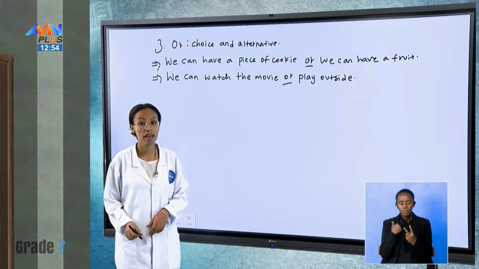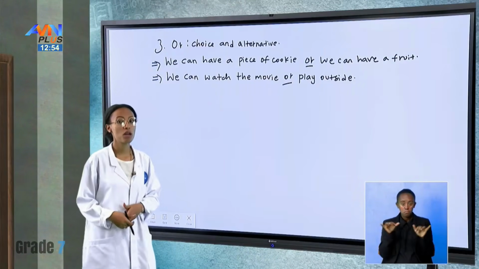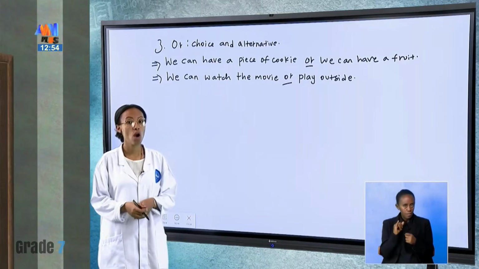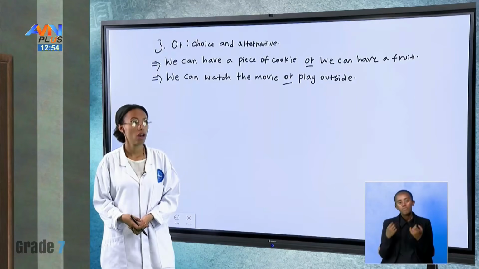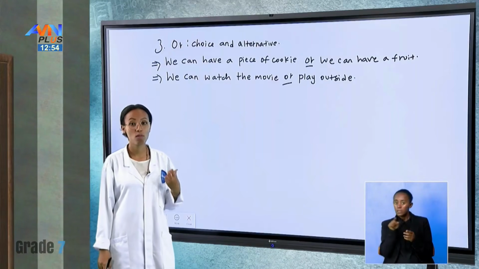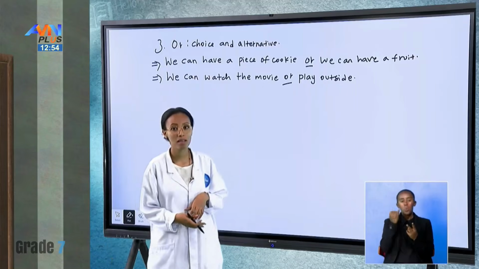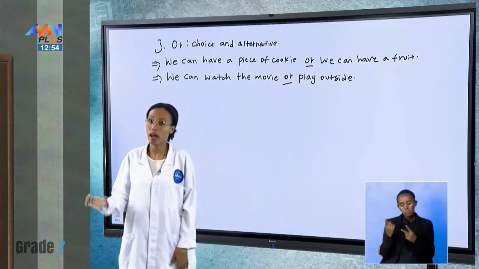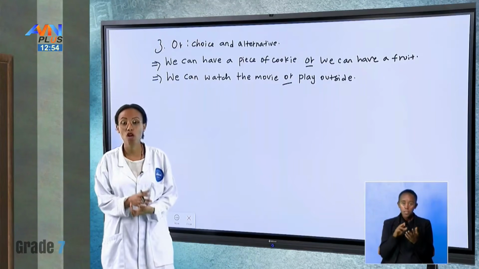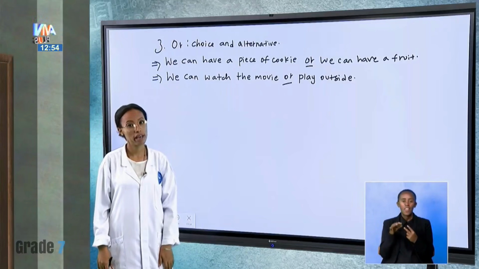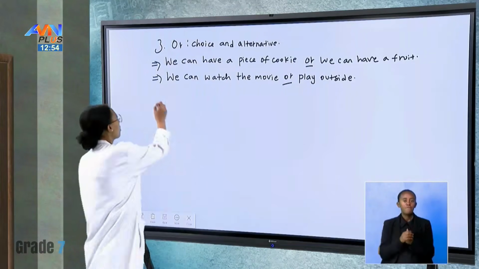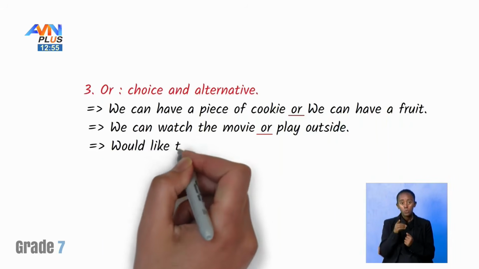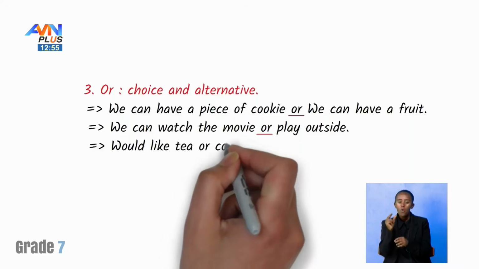Unlike but, for example, earlier, where before and after but there are two contrasting ideas negating each other, in the case of or we have two ideas that are what? Options. You could take this one or that one. So these are choices or options or alternatives that we can have. One other example. Would you like tea or coffee?